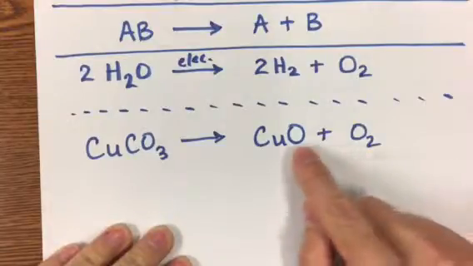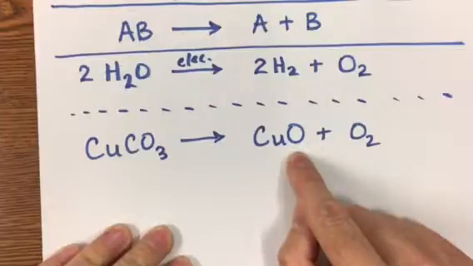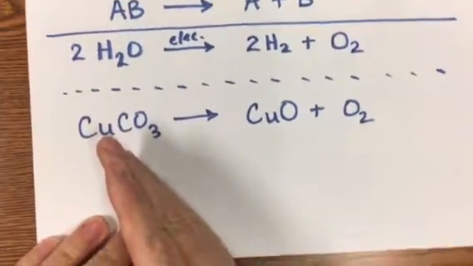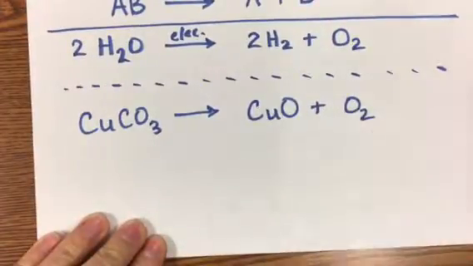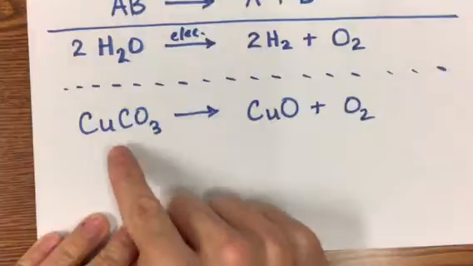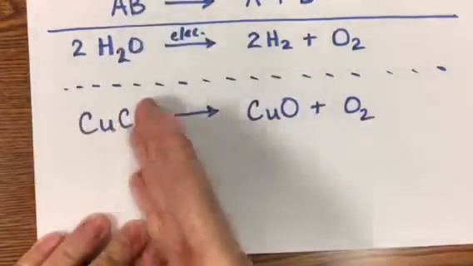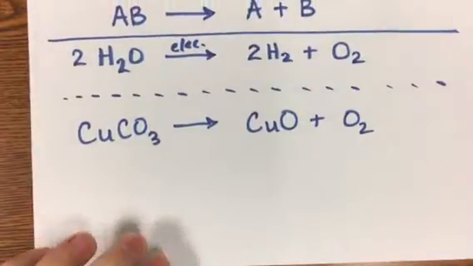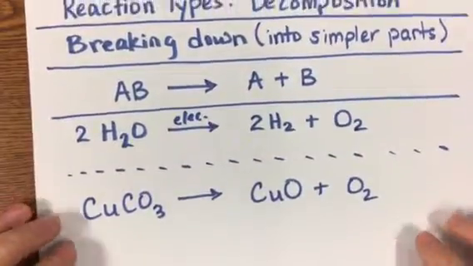So this one, the oxygen doesn't come fully away from the copper, but you do have a breakdown of something that was more complicated into two separate pieces. And so this represents decomposition also. It follows a pattern. One thing is broken down into two separate parts. That's an example, or it's two examples of decomposition.